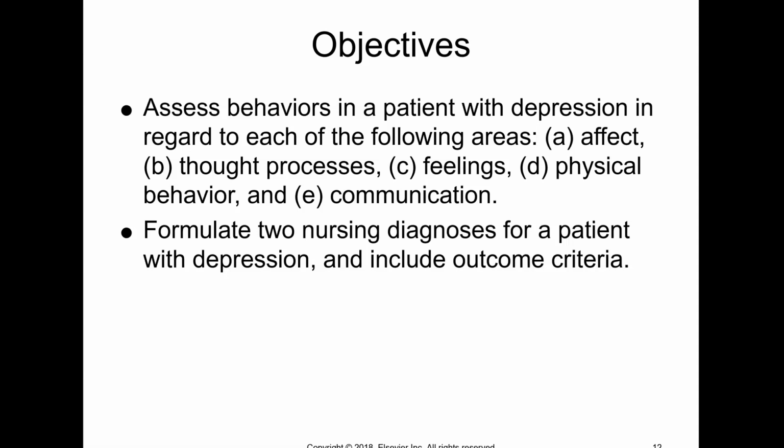And I want you to add mood to that, right? Because mood and affect are really predominant parts of the MSE. They're predominant parts of what we're looking at when we're assessing whether or not a patient has depression and whether or not they're at risk. And then we're going to talk about nursing diagnoses for patients with depression and talk about the importance of realistic and achievable outcome criteria.